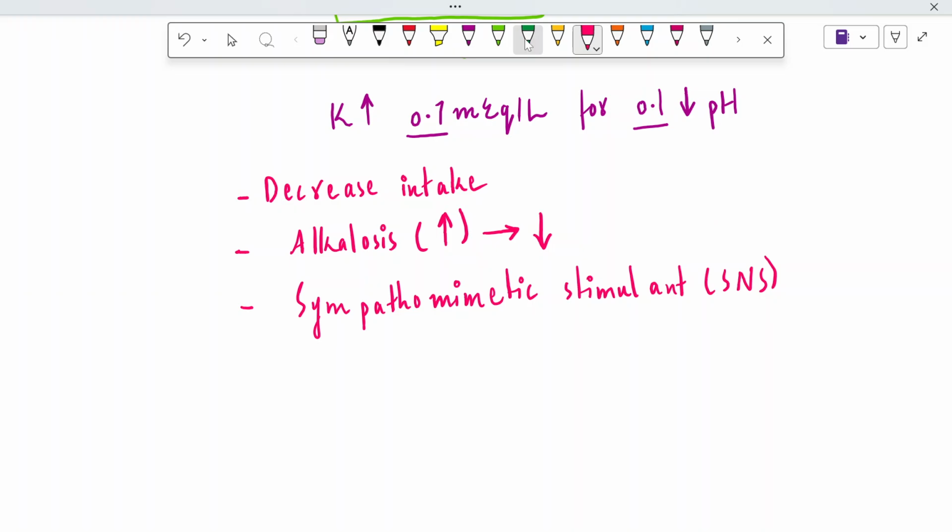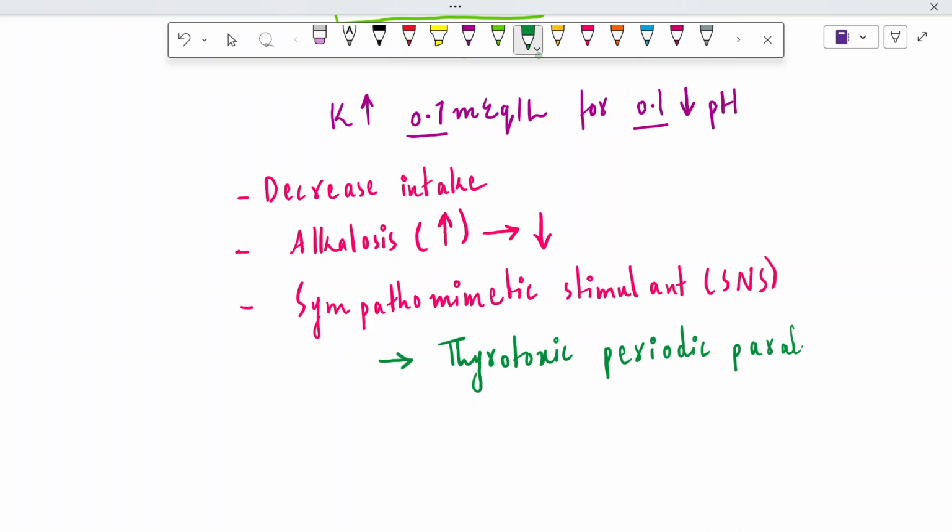It means that there are thyrotoxic conditions. When there is hyperthyroidism, thyrotoxic conditions, there is the condition we refer to as thyrotoxic periodic paralysis, because thyroid hormones will stimulate the sympathetic nervous system.